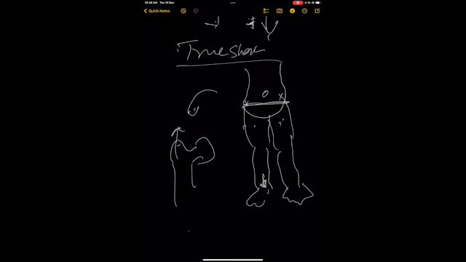So whatever is the degree of abduction on one side must be the degree of abduction on the other side also. The true shortening is measured from ASIS to tip of malleolus with pelvis square, both limbs in identical position.